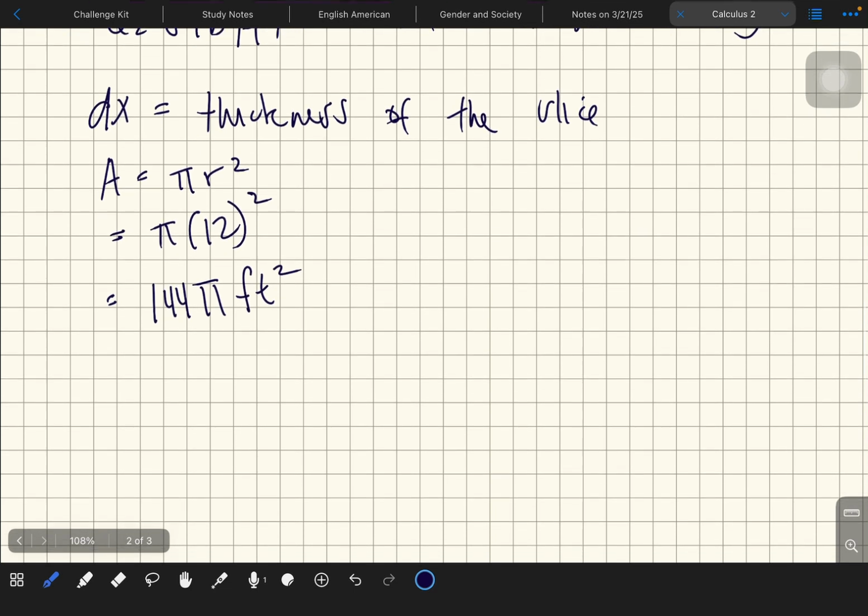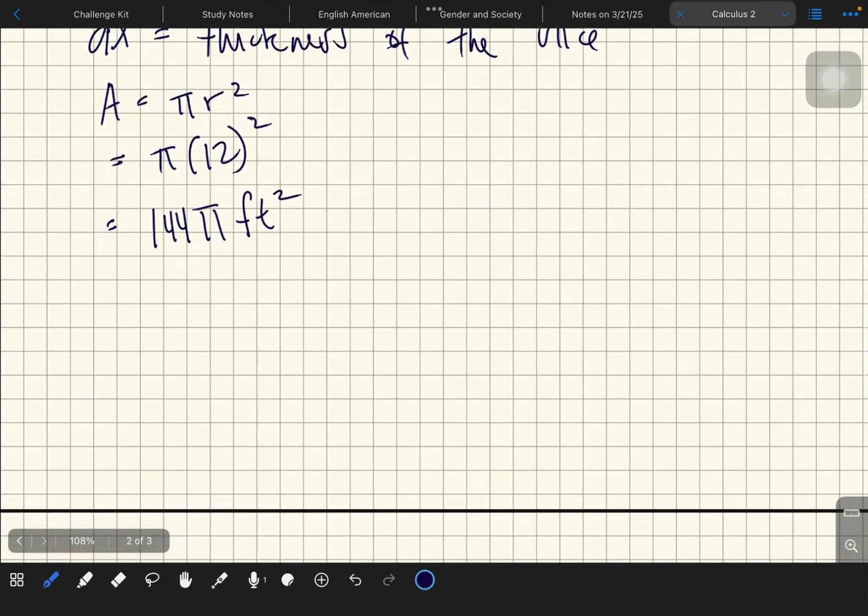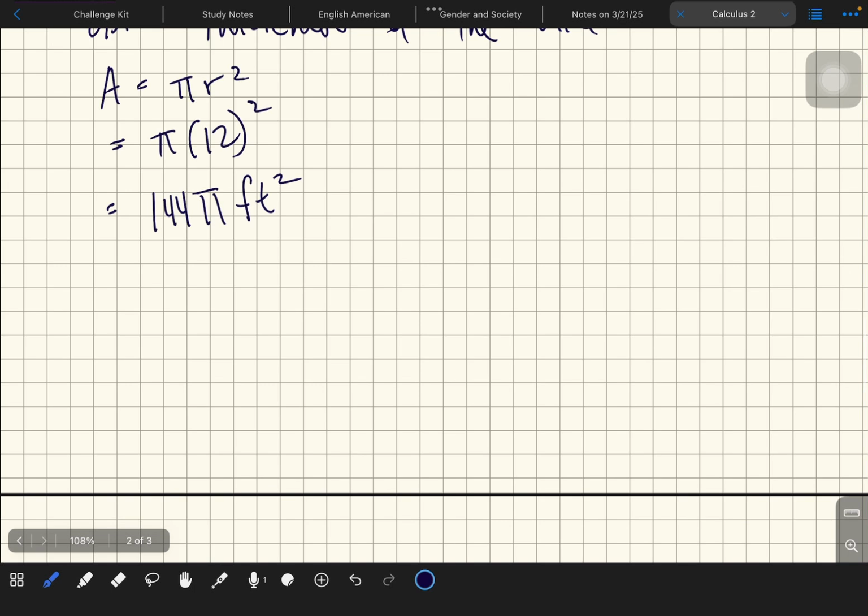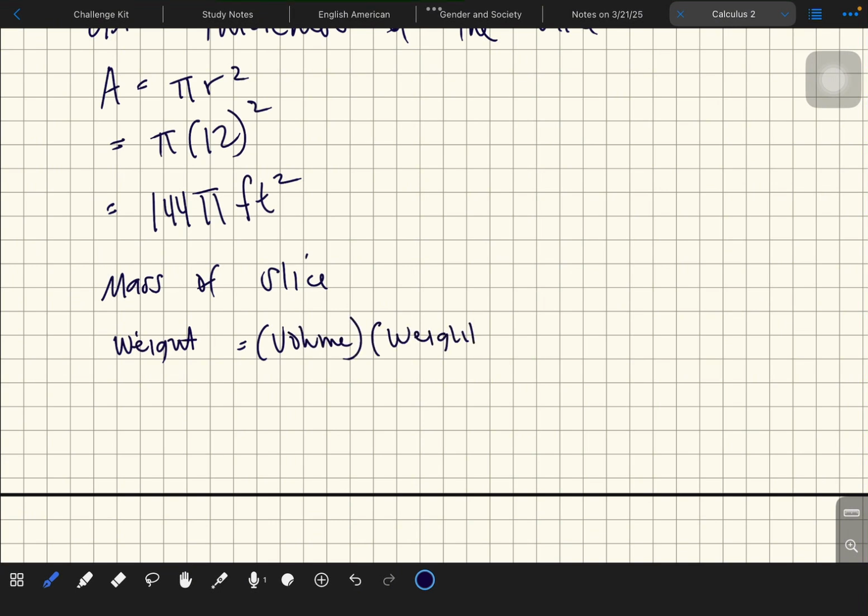So now, we need to find the mass of the slice. So mass of slice is equal to weight density times volume.